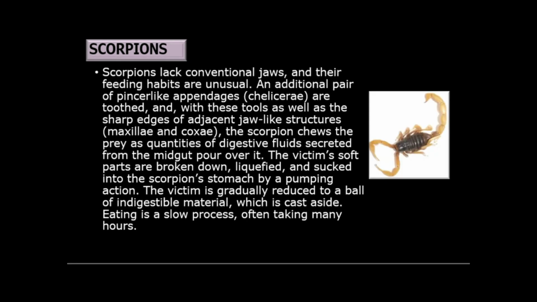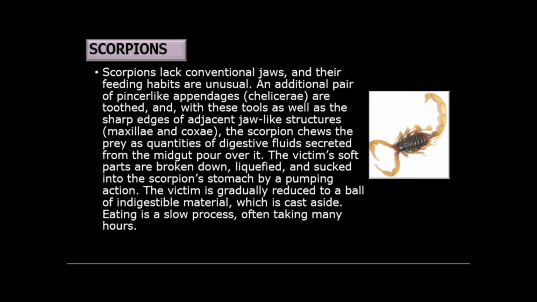Scorpions lack conventional jaws, and their feeding habits are unusual. An additional pair of pincher-like appendages, chelicerae, are toothed, and with these tools, as well as the sharp edges of adjacent jaw-like structures, maxillae and coxae, the scorpion chews the prey as quantities of digestive fluid secreted from the midgut pour over it.